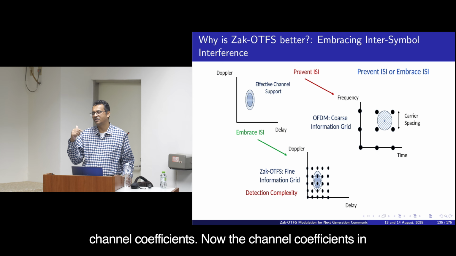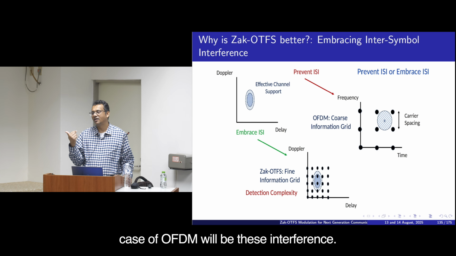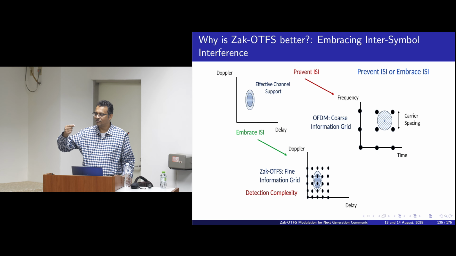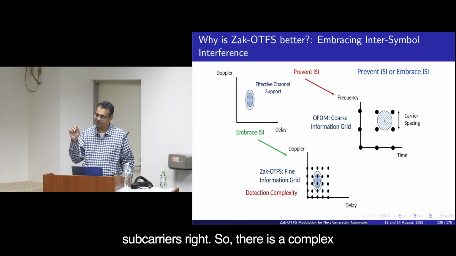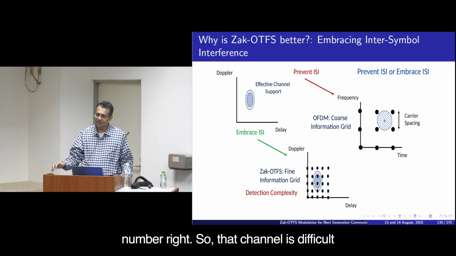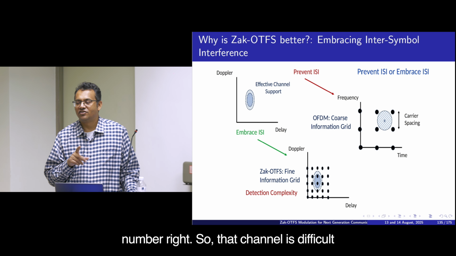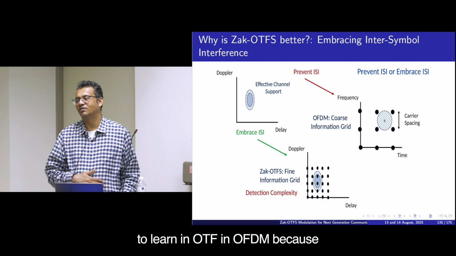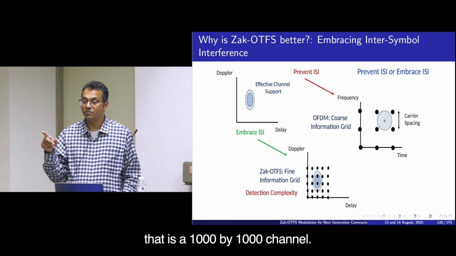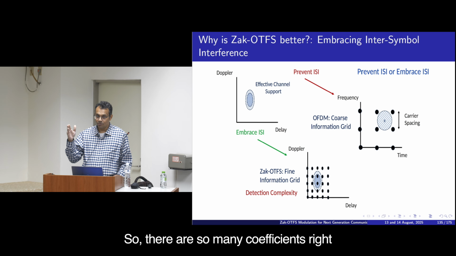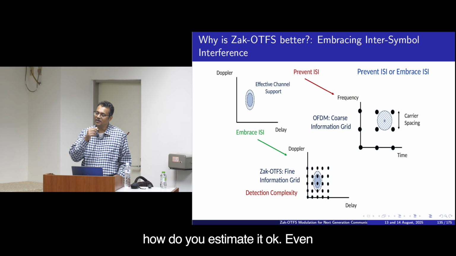Now, the channel coefficients in case of OFDM will be these interferences. Each subcarrier is interfering with the other subcarriers, so there is a complex number. That channel is difficult to learn in OFDM, because that is a 1000 by 1000 channel. There are so many coefficients. How do you estimate it?